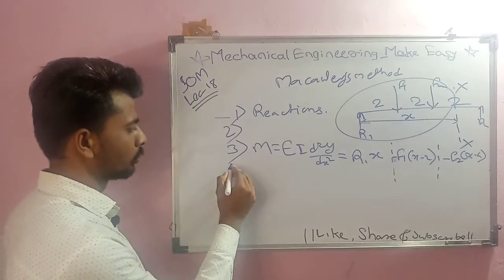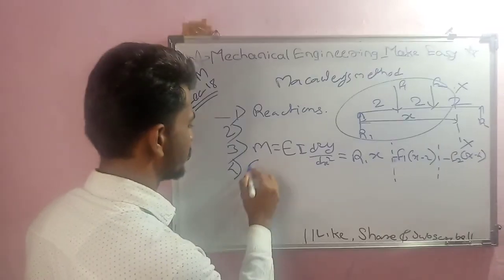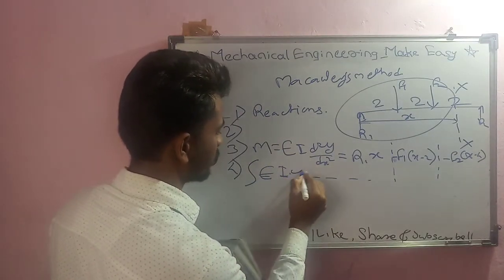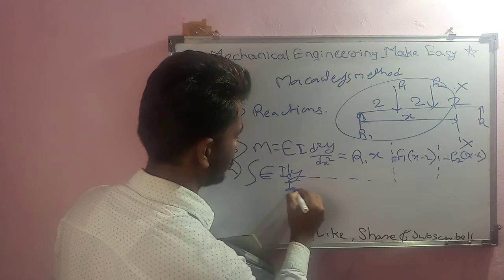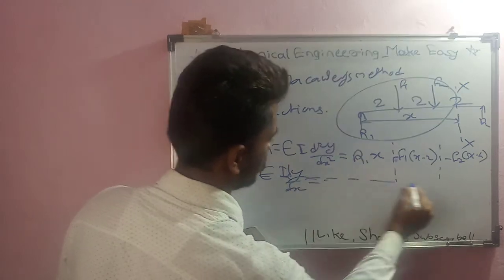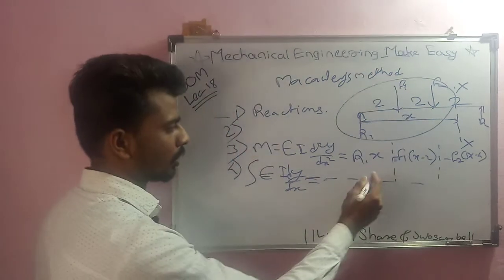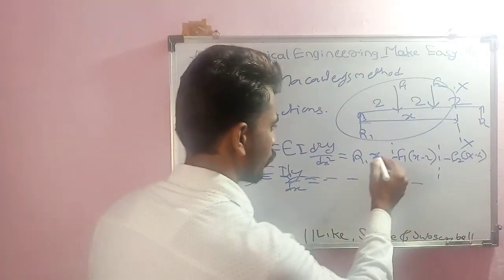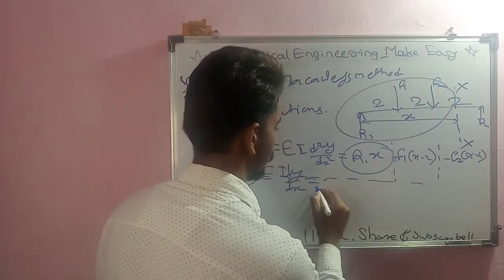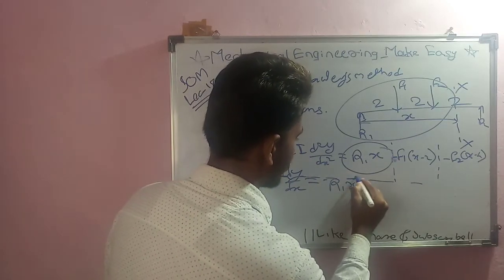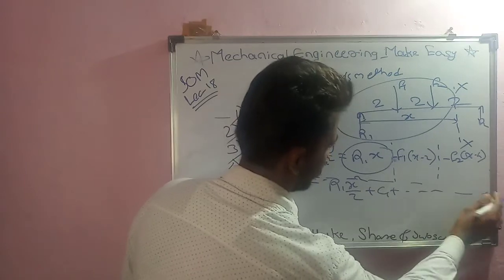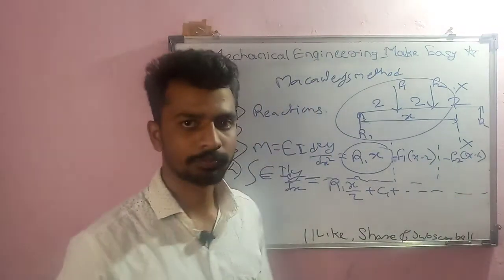Now in the fourth step, we will integrate this equation. So we will get EI dy by dx equal to this equation. As we are integrating, one constant we need to add, and that constant should be added in the first term only. So it will be R1 into x square by 2 plus C1, and the remaining equation we will integrate as it is.